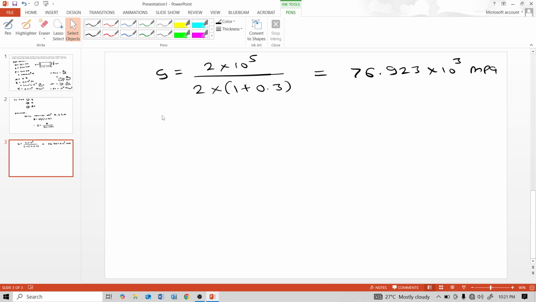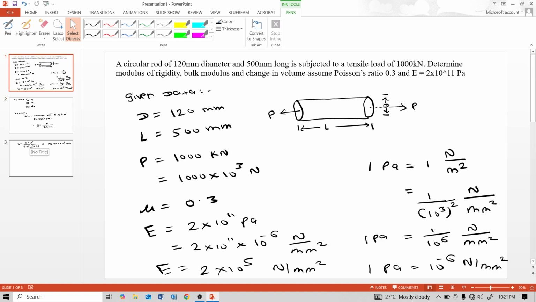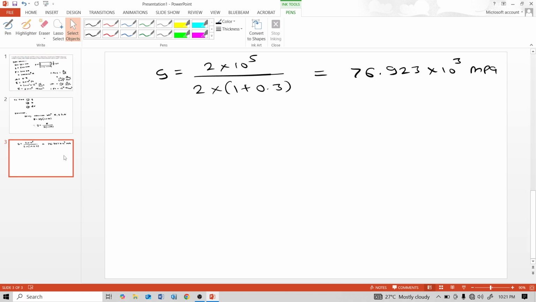Now next we have to find bulk modulus K. For finding bulk modulus, use the relationship between Young's modulus, bulk modulus and Poisson's ratio. Now use this relation.